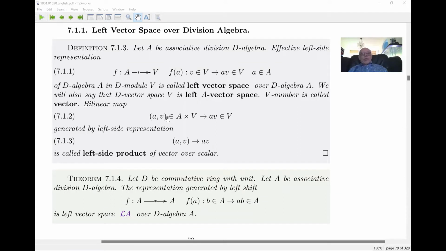The linear map 1.2 generated by left-side representation 1.3 is called the left-side product of vector over scalar.